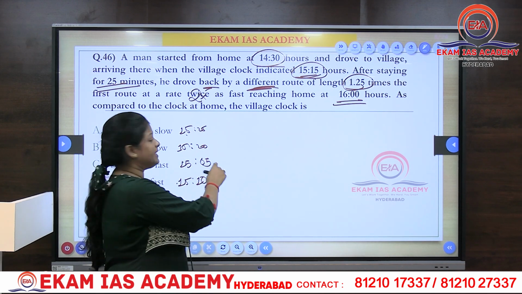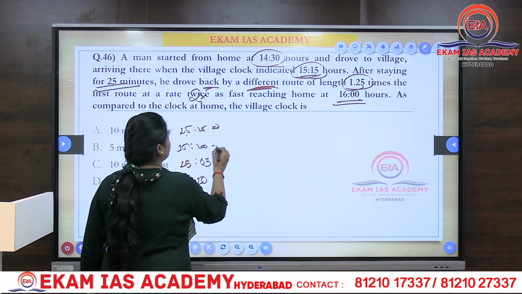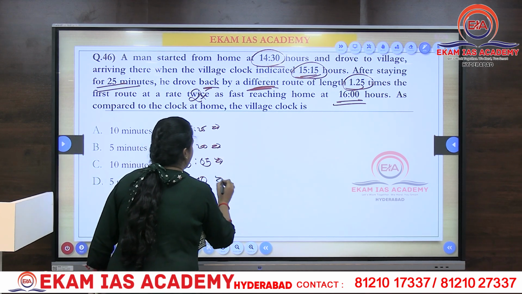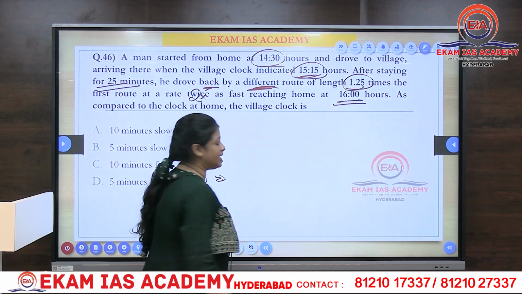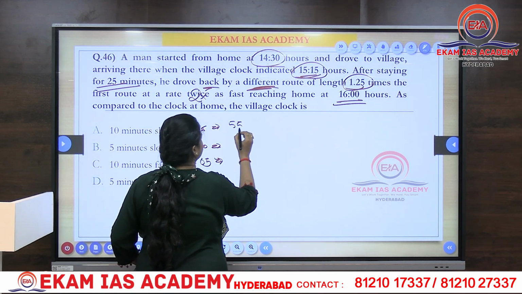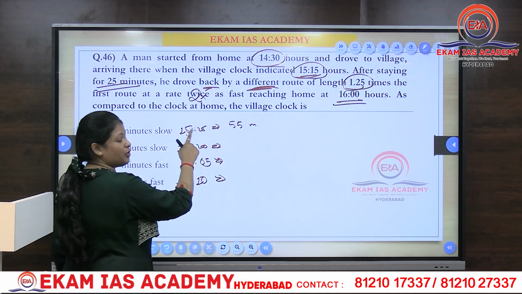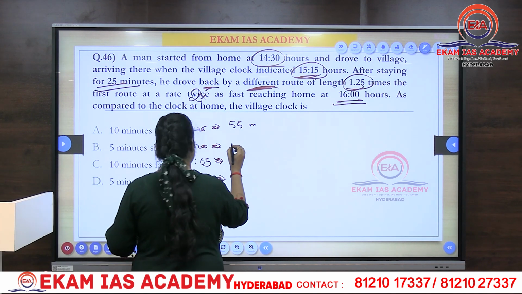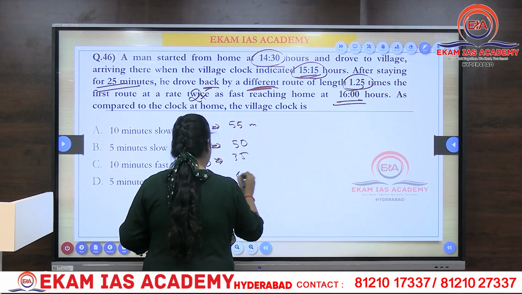If he reaches at these times, what is the total time of the journey? It is 15:25 minus 14:30, so the total time of the journey is 55 minutes. In the same way, it is 50 minutes, 35 minutes, 40 minutes.